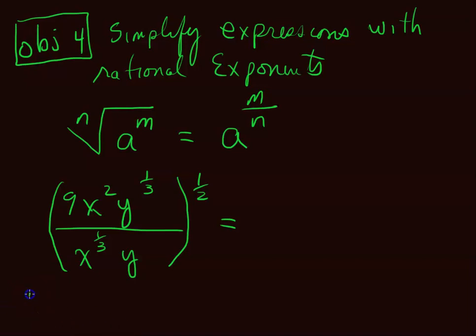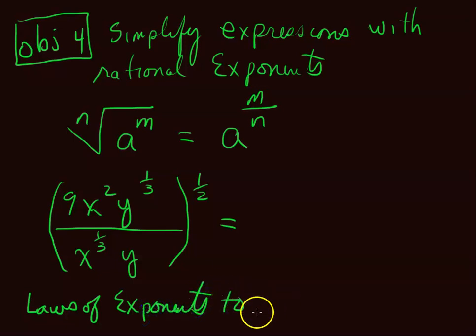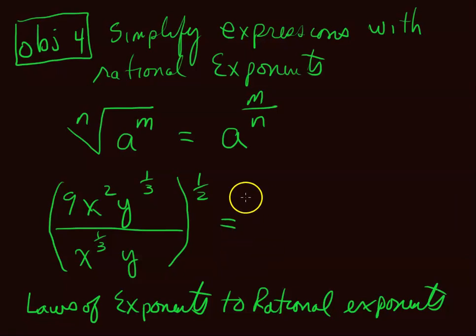And now we can expand the laws of exponents. Expand those to rational numbers, fractions. You just got to be a little careful. The square root of a negative, or a negative to the 1/2 power, is going to be a complex number. You can't really do that.